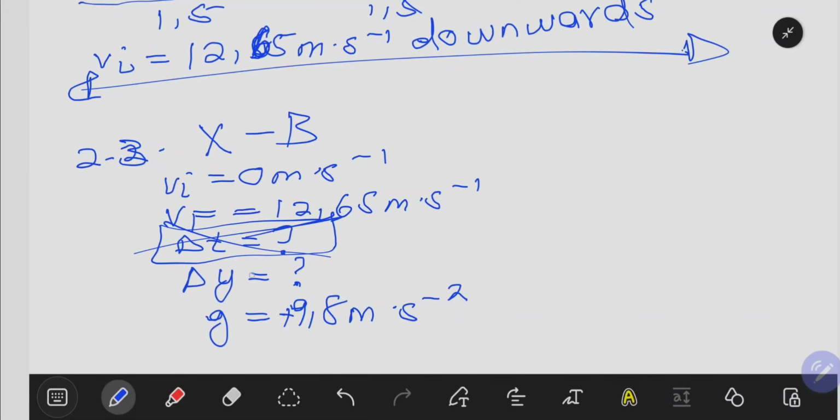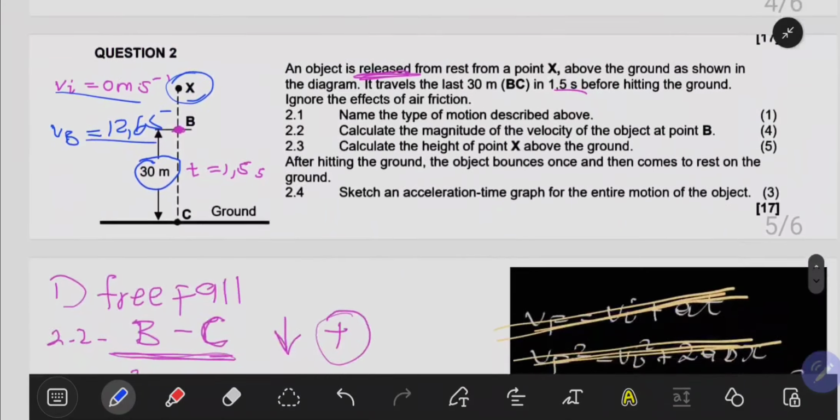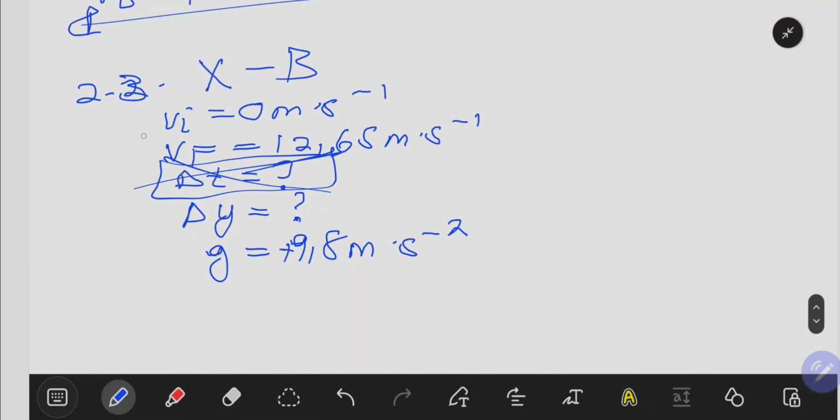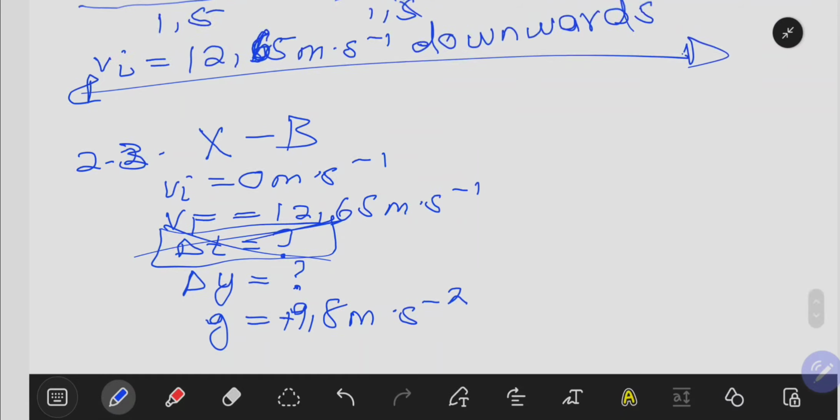We are looking for the displacement, so that we can add the displacement from path XB to the path BC, and then we will know the height of this point here above the ground. So we have the initial velocity and the final velocity. We are looking for the displacement.